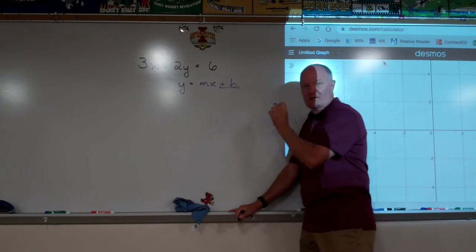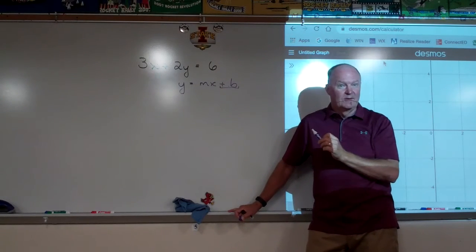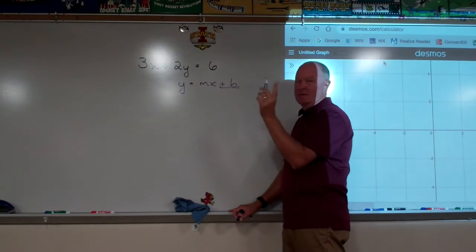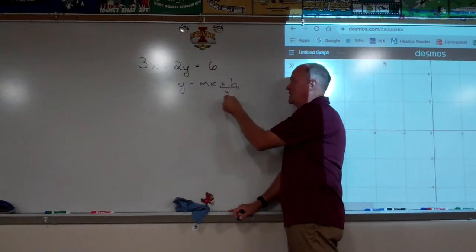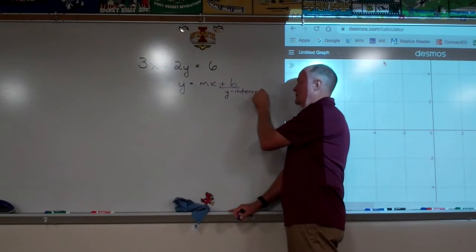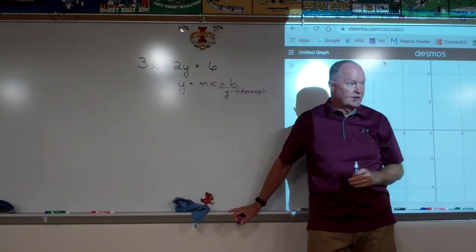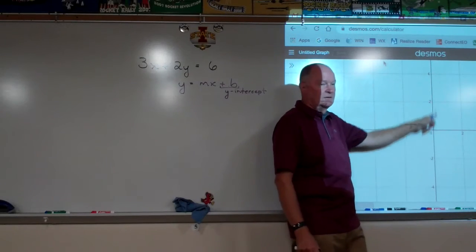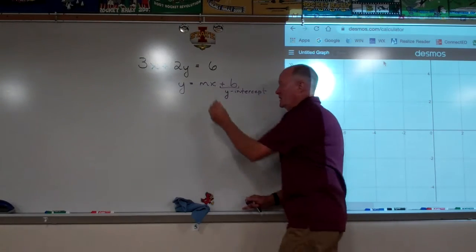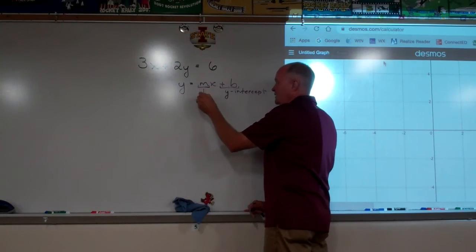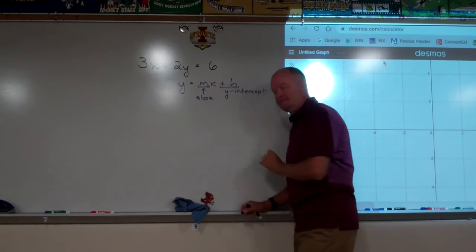In general this is the y-intercept, right? That's where it's going to cross the y-axis. This part right here is the slope.